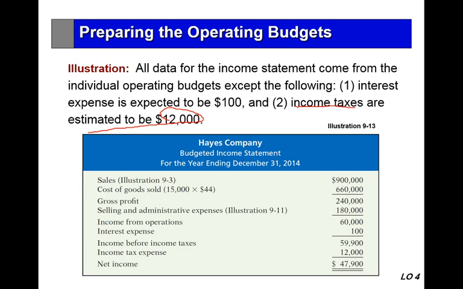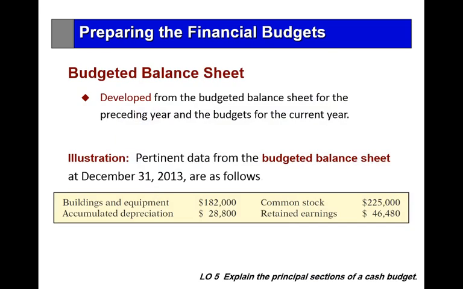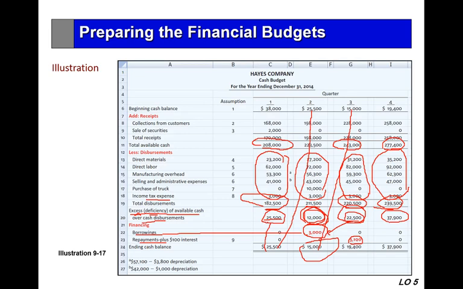The illustration said that interest expense is expected to be $100, which is the interest expense in the income statement. Then here we will pay the interest plus the loan. Then 22,500 minus 3,100, we have 19,400, the ending balance, and it goes to the beginning balance for the fourth quarter.